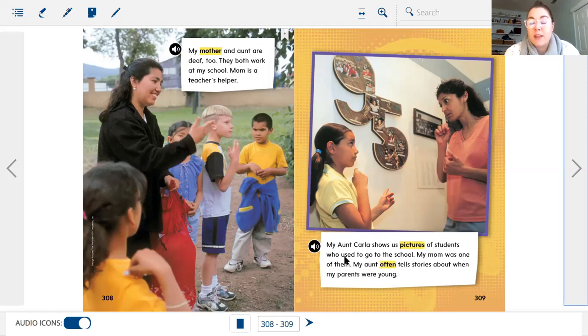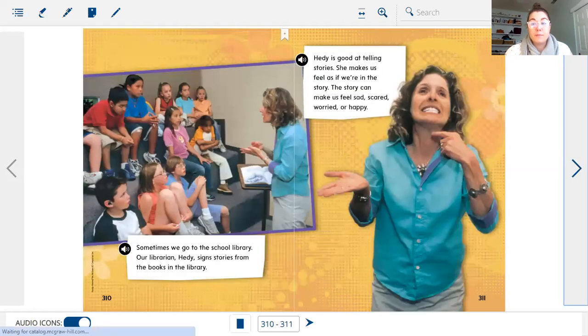So that gives me a clue that the mom is probably also deaf, and that she went to the school, and now her children are going to the school. So we're learning a little bit more about Rosina's family. All right, flip the page.